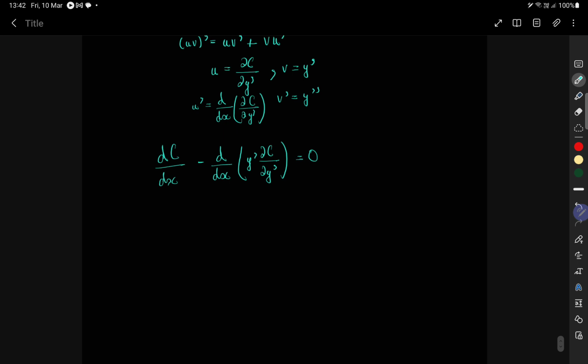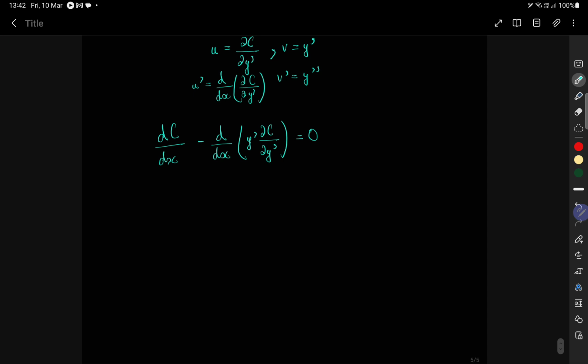Now since derivatives are linear, we can combine these two, giving d by dx of c minus y prime partial c by partial y prime equals 0. Finally, c minus y prime partial c by partial y prime should equal some constant a.